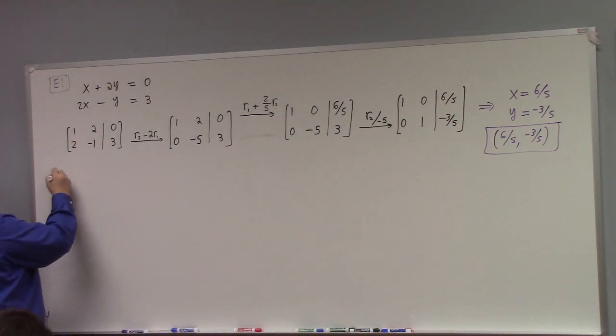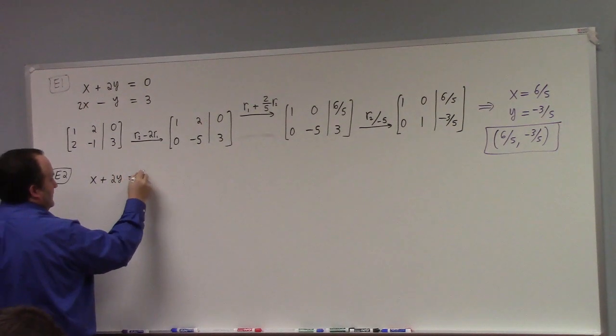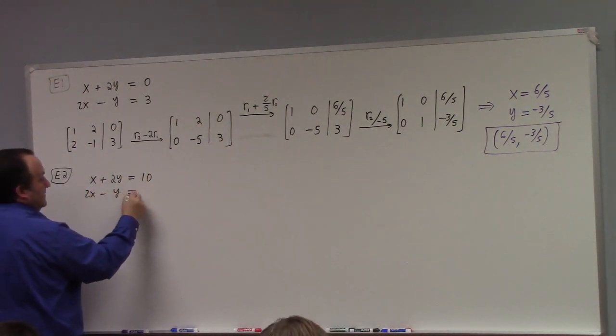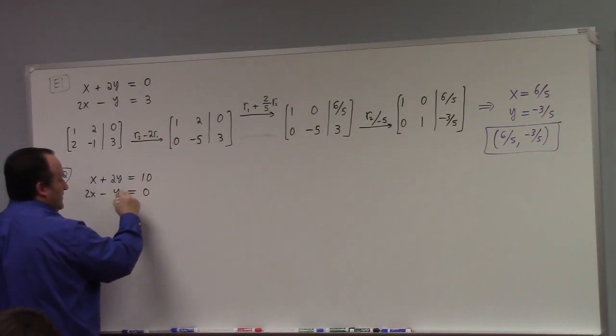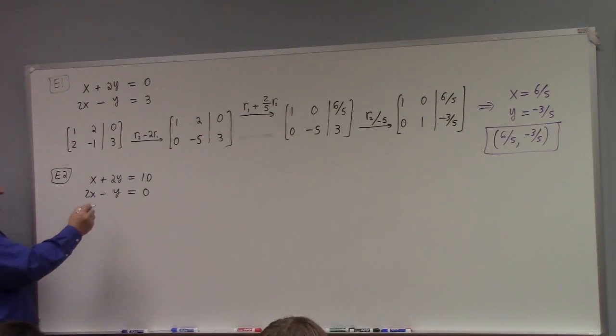Example 2. Suppose we're up against x plus 2y equals 10, and 2x minus y equals, let's say, 0. All right? I'm going to use the row reduction technique again.